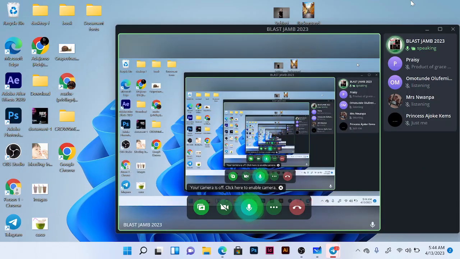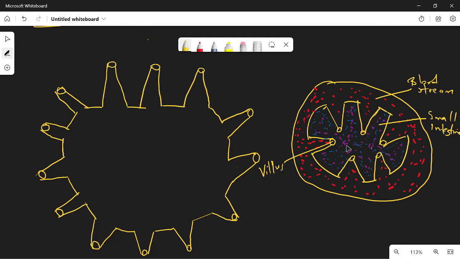The villus allows the passage of the nutrients from the small intestine. As you can see here, we have the small intestine here with the digested nutrients. So it allows the nutrients from the small intestine to move into the what?